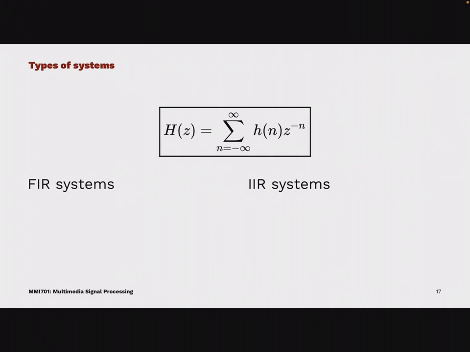We have seen many examples of this within this video. And we can define two different types of systems. The first type is the finite impulse response, or FIR system, and the second type is an IIR system, that is a system which has infinite time support. So it has non-zero values for all n.